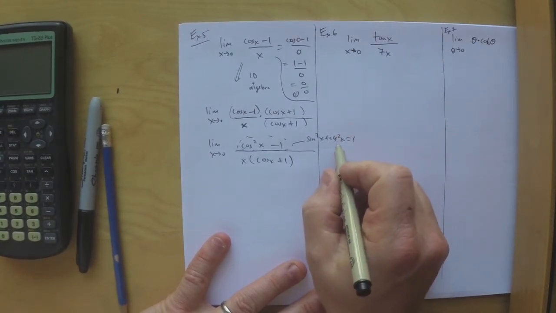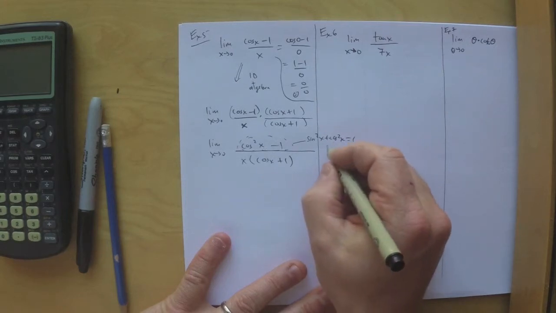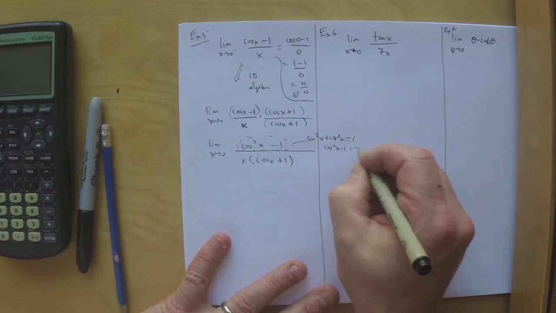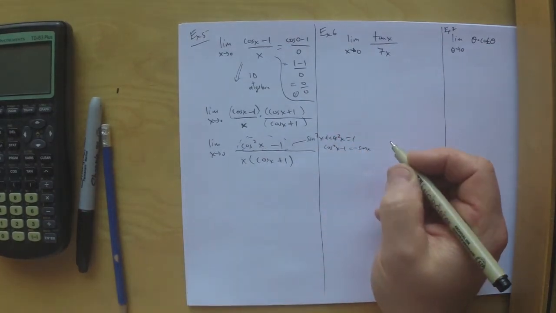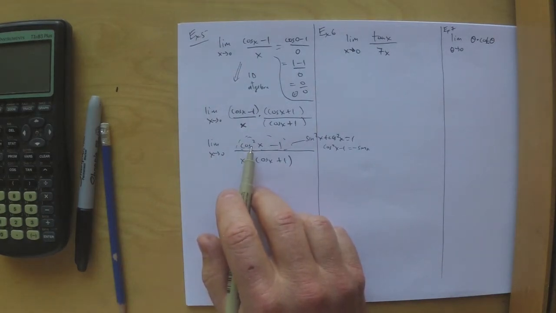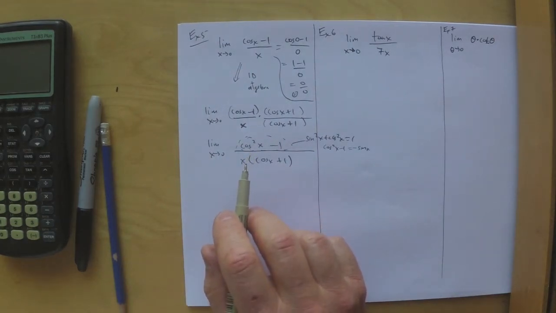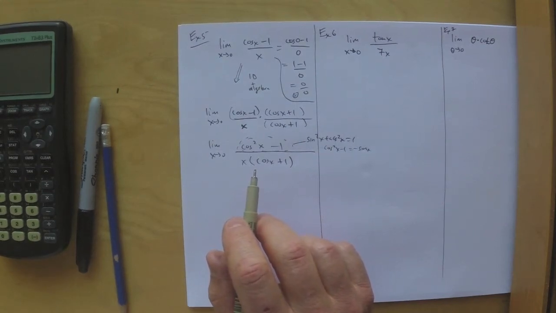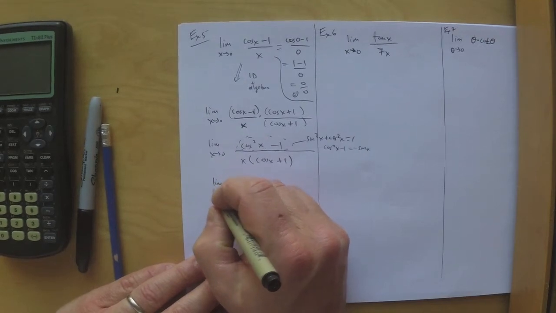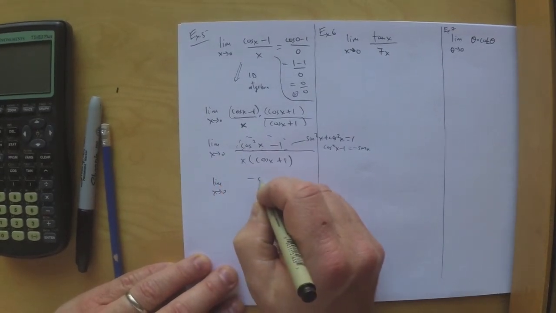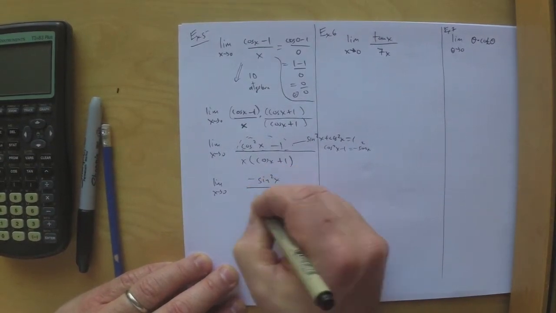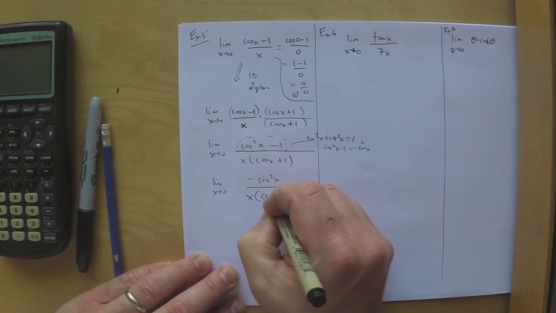Hence, cos squared minus 1, if I move the 1 over to here and move the sign, equals negative sine squared x. So I can replace this mess, which it is a mess, it's not clean, with negative sine squared x over x bracket cos x plus 1.